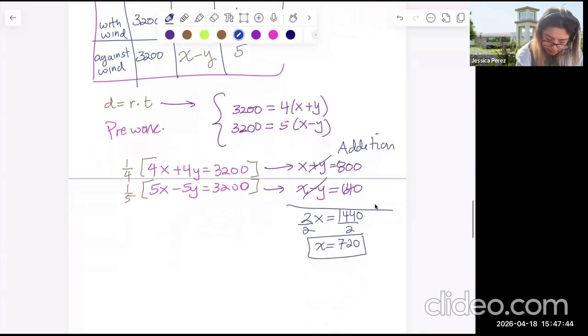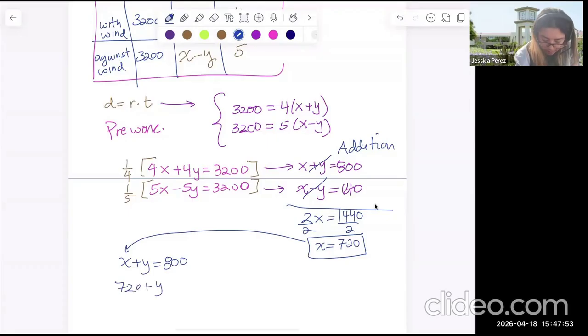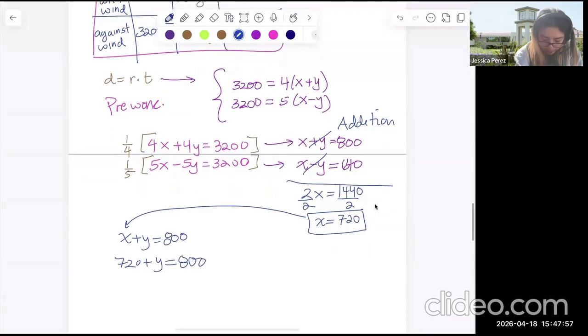Now, if I back substitute, I have x plus y gives me 800, and I plug in 720: 720 plus y is equal to 800. That gives me y to be positive 80 because I subtract 720.